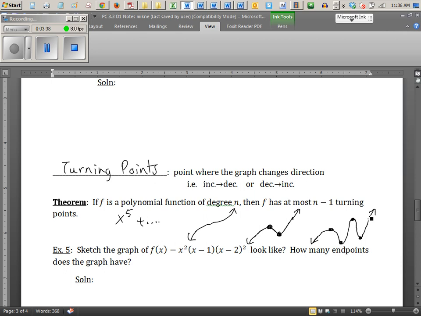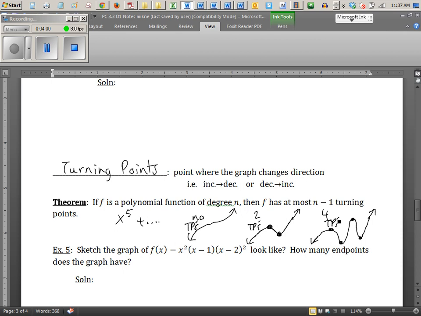This is possible. So what I'm saying is it's possible that there are no turning points, no TPs, okay? 2 turning points, 2 TPs, or 4 TPs, but there cannot be more than 4 because it was a degree 5 polynomial.